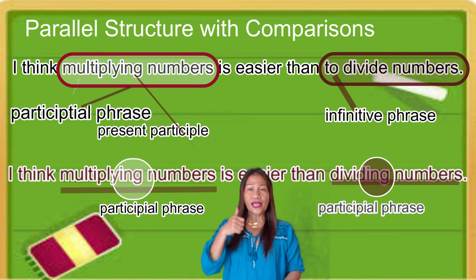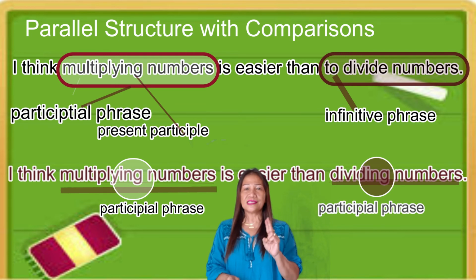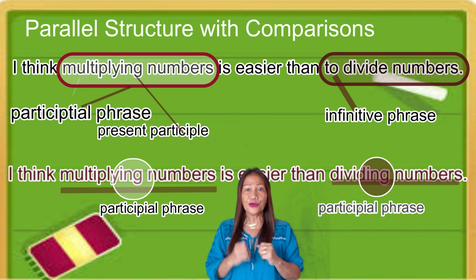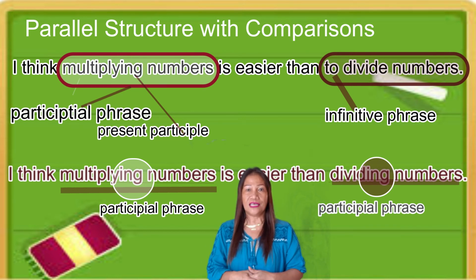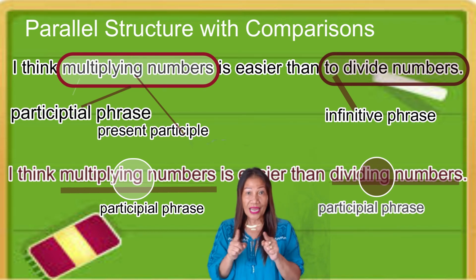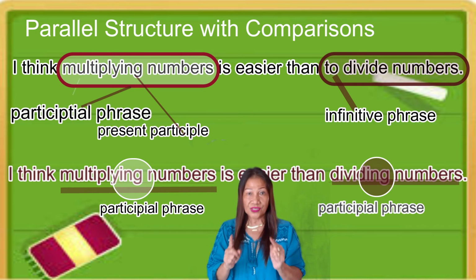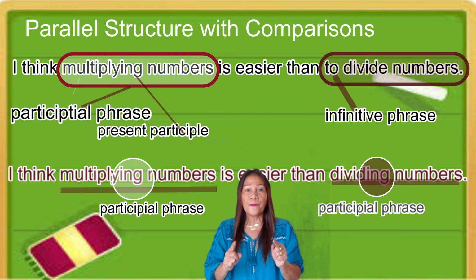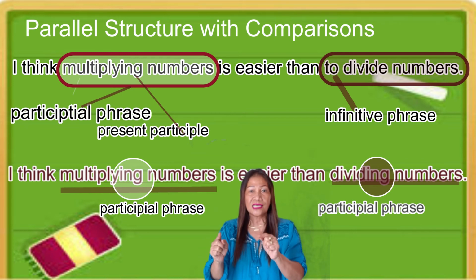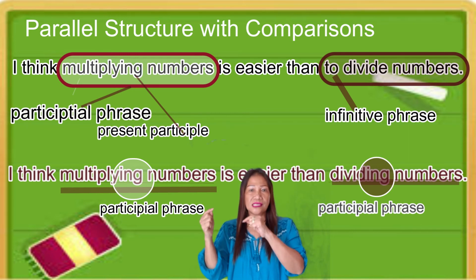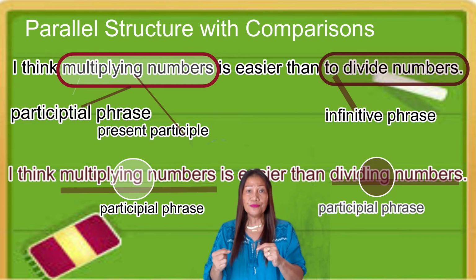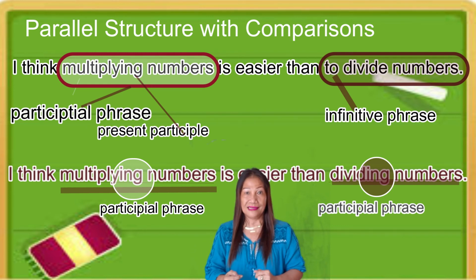Try to check it out again. The first sentence has two phrases. One is the participial phrase. The other one is the infinitive phrase. So they are not balanced. They are not in the same pattern. It should be participial phrase with participial phrase to make it parallel.